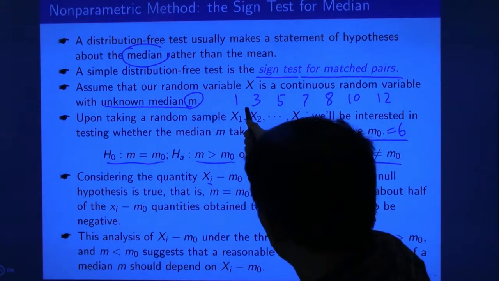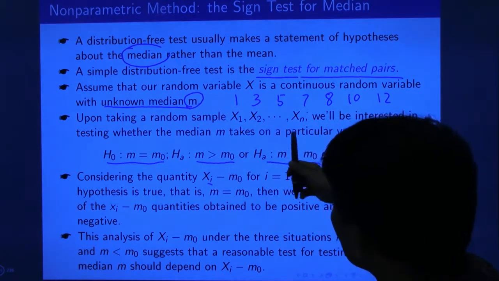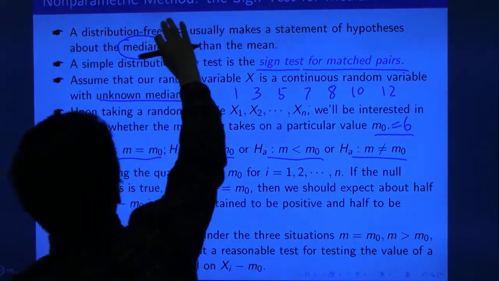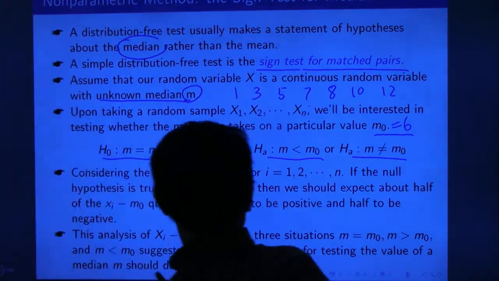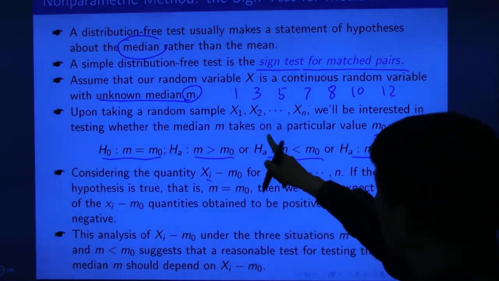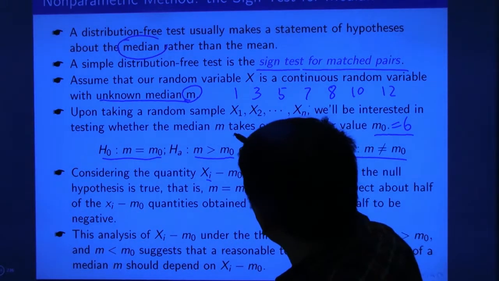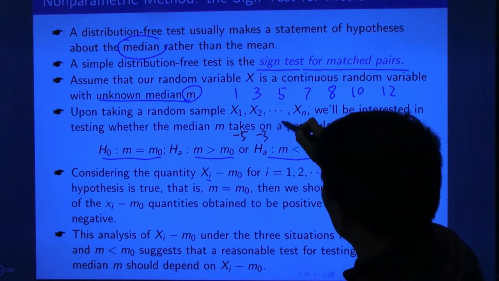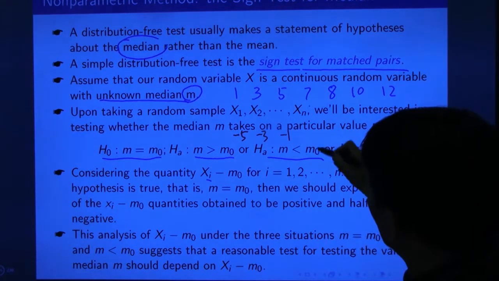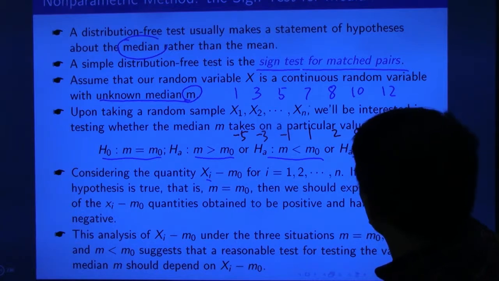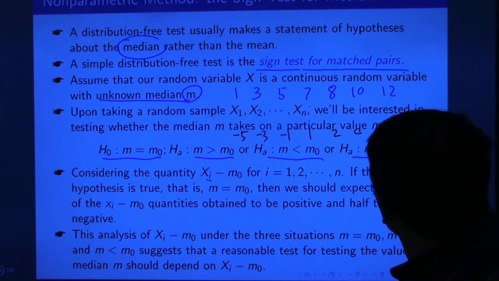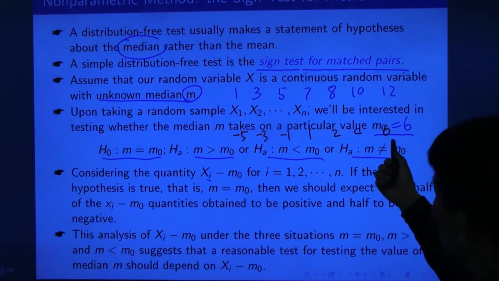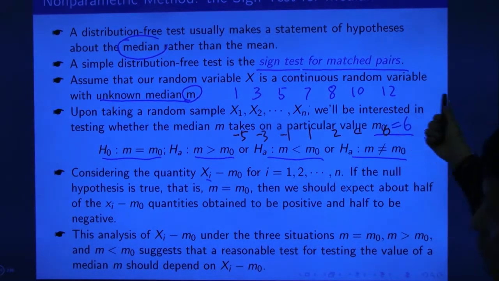So for this one we get minus 5, and this one here is minus 3, and this one we get minus 1, and this one equals 1, this one equals 2, this one equals 4, and this one equals 6. So first, we subtract the M0 from each of the data.